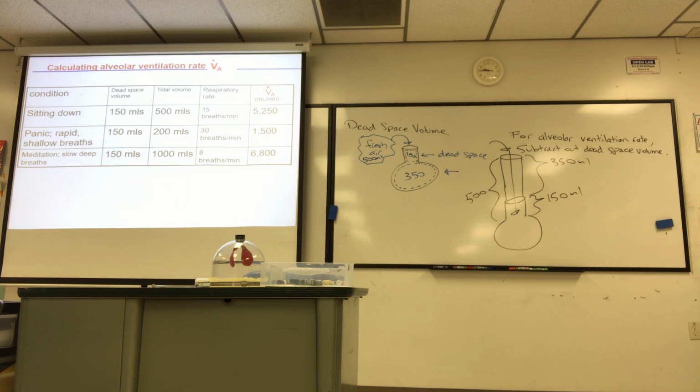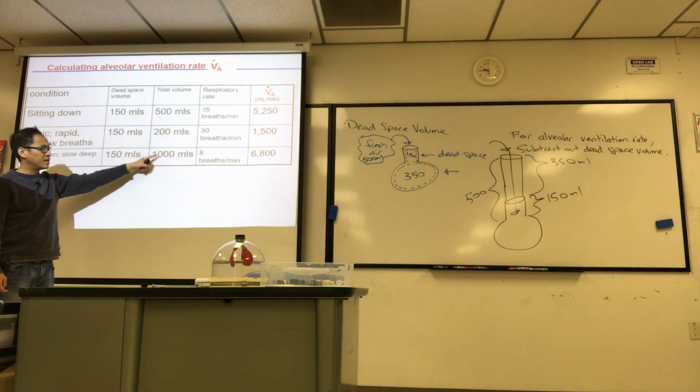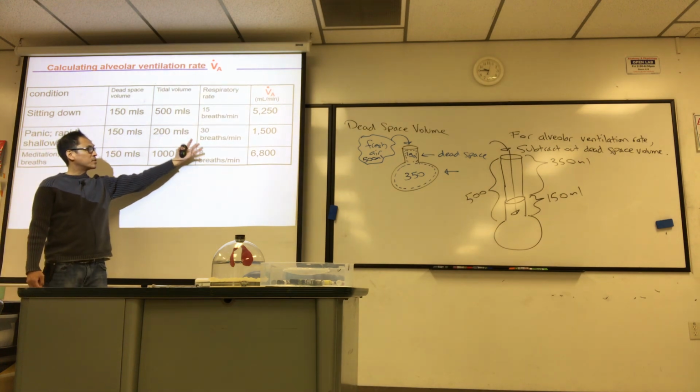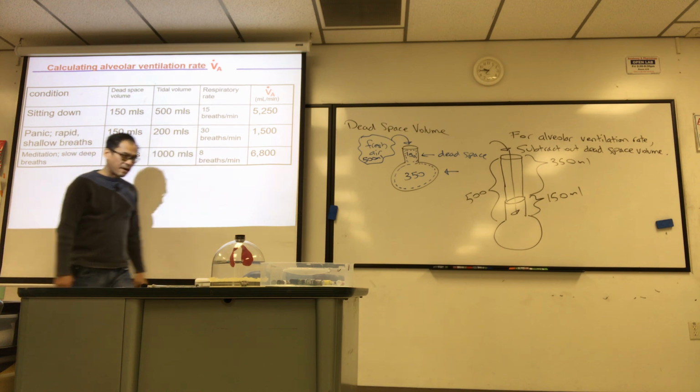All right, so to work the math out, you have dead space volume, 150, but you can vary your tidal volume. You can take a normal quiet breath, you can take a deep breath, and you're breathing at a certain rate. Average is something like 12 to 15. It's one of the vital signs of life.